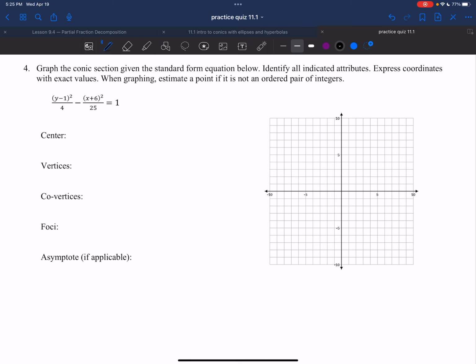So where's our center? Let's do this in red. Our center is at negative 6, positive 1, because you just look at the x value and flip the sign, look at the y value and flip the sign. So negative 6, 1 is right here. Where are my vertices? Well, it's opening up and down because y squared is positive.